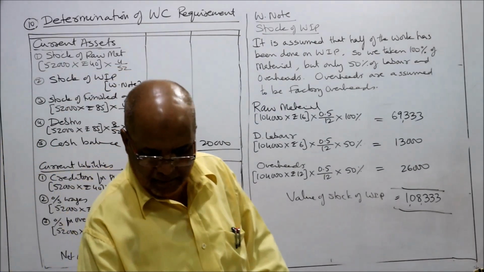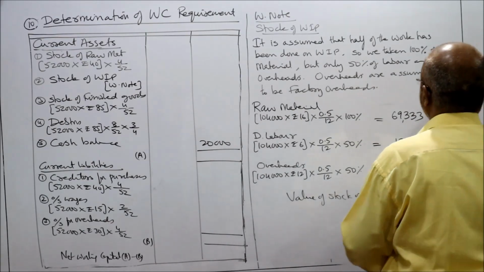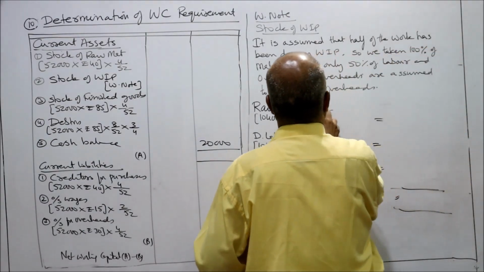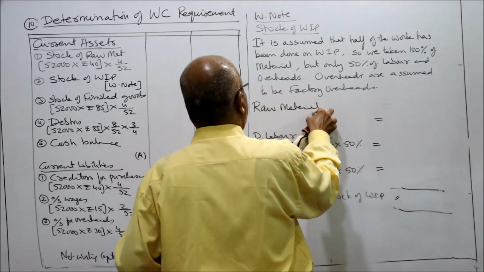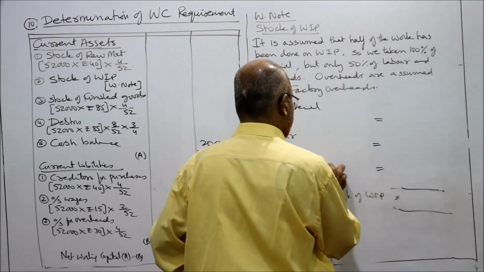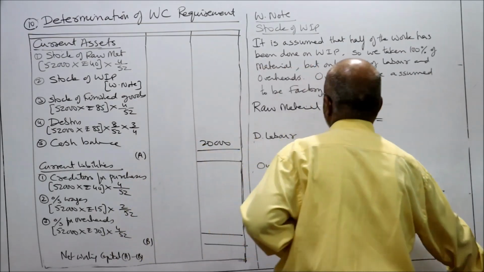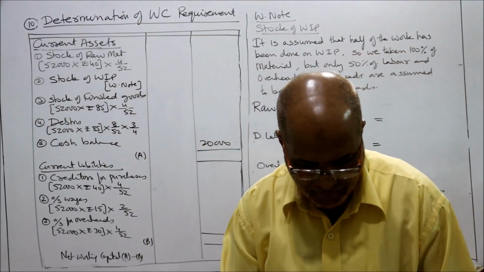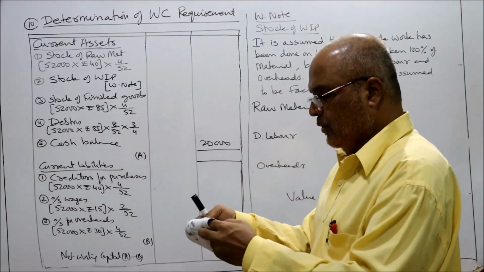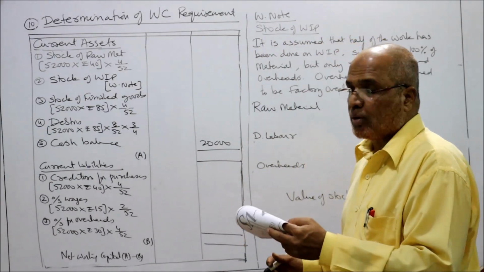Net working capital, A minus B. We'll calculate the WIP value. Work in progress: material in process on an average 1 month. 1 month means 4 by 52.